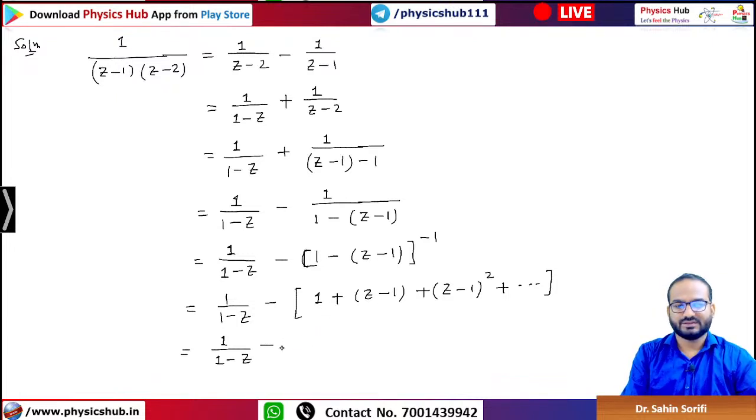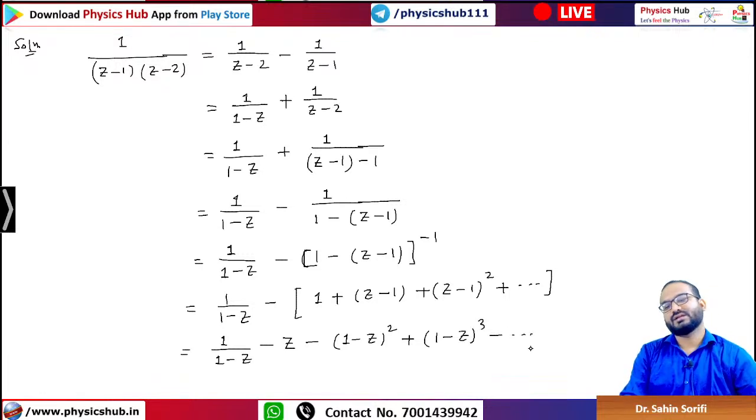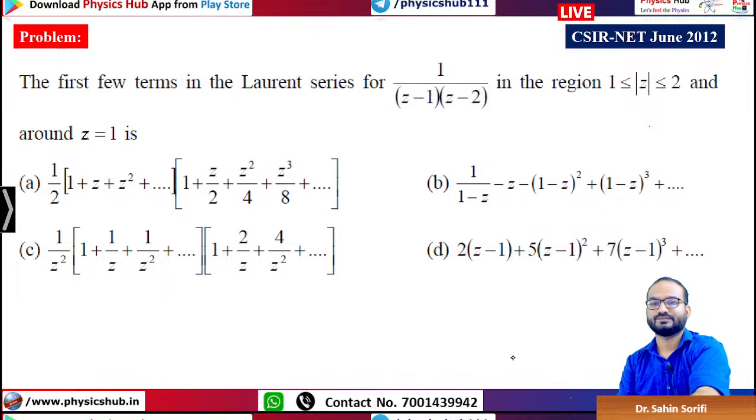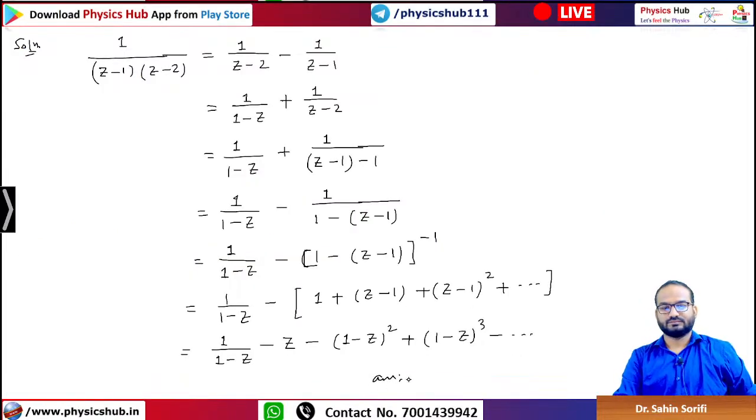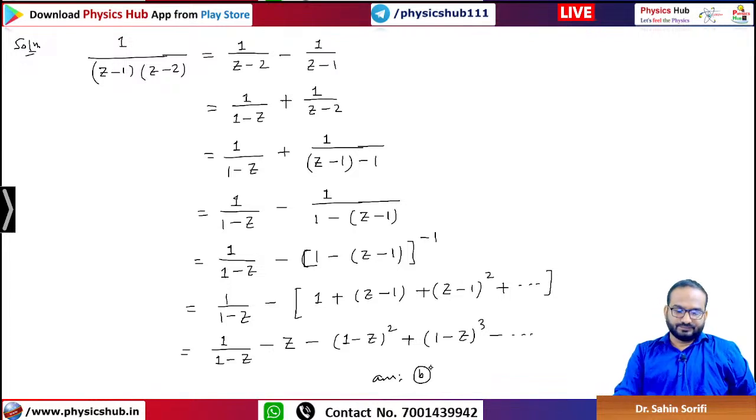This one and this one is cancelling, so minus z, and minus, we can write it as (1 minus z) whole square, then (1 minus z) whole cube, so this will become plus (1 minus z) whole cube, and next time will come minus, and so on. Option B is coming, right? Clear, everyone?